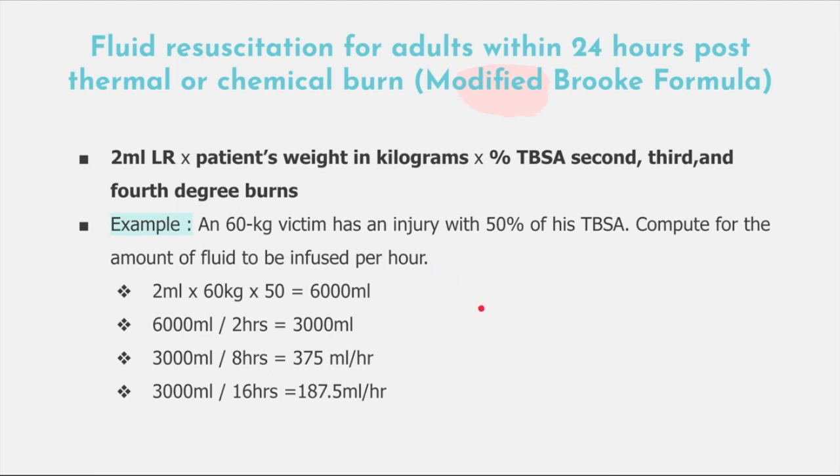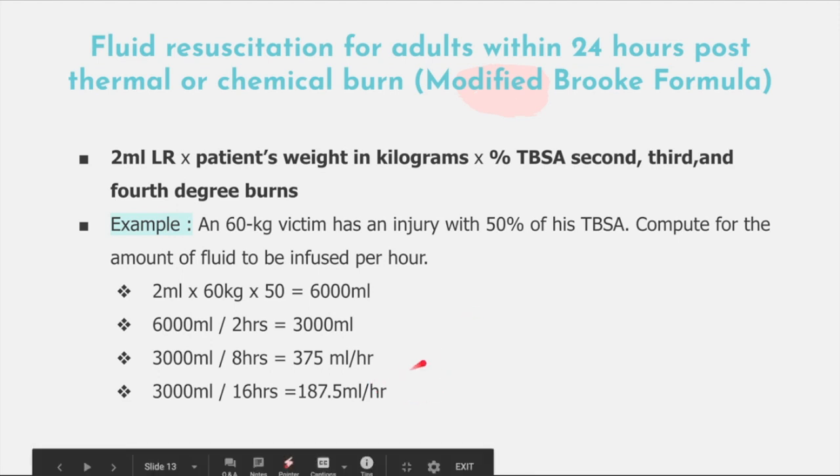In order to determine the amount in the first 8 hours, we will divide the 6,000 ml by 2. So 6,000 divided by 2 will then be 3,000 ml. This is the amount of fluid to be given in the first 8 hours.